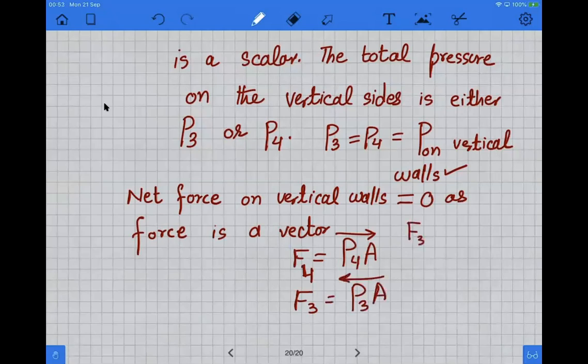F3 and F4 are equal and opposite. They will cancel out and the answer will be 0. So on the vertical walls, there is no net force.